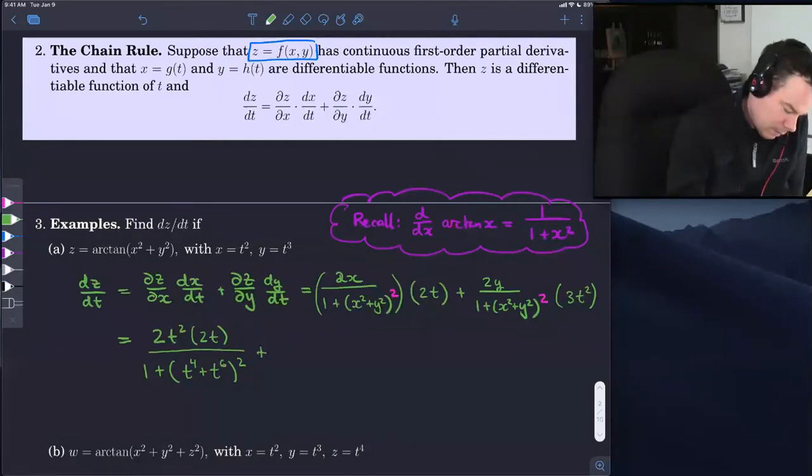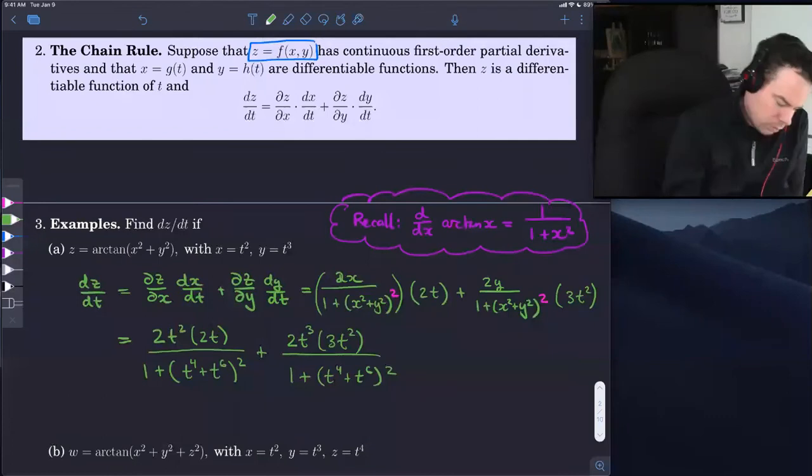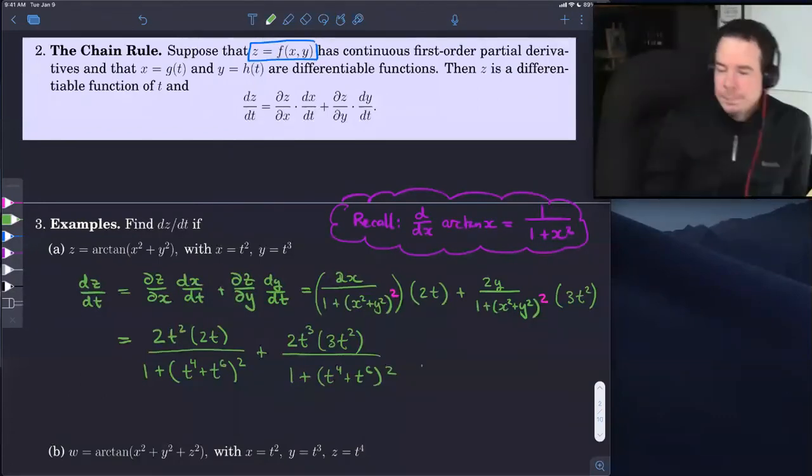And then we add that to the other part, which is a 2t cubed times 3t squared, all over 1 plus t to the 4th plus t to the 6th, all squared. And so there's our final result.